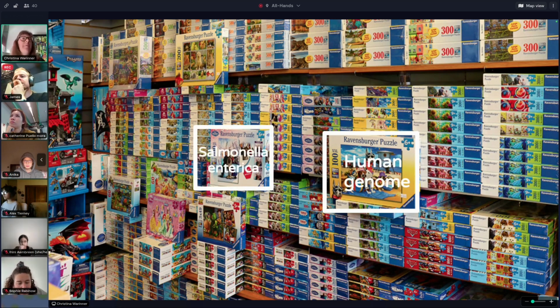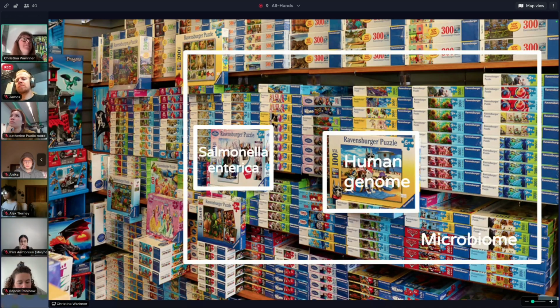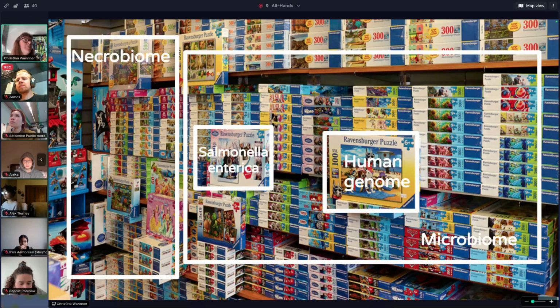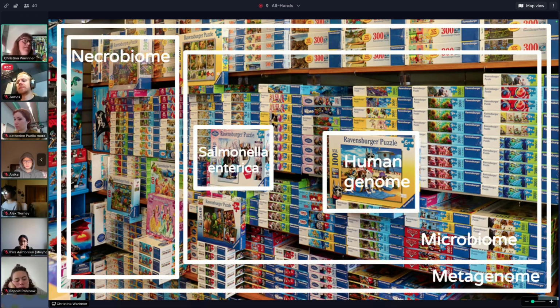It might have a Salmonella enterica genome from an infection that person had. It's embedded within the paleofeces itself, which contains the microbiome, the gut microbiome. And then you're going to have some additional DNA, which is the necrobiome that has invaded and is contributing to decomposition to some degree. And all of this is going to be your metagenome, all these things mixed together. So all these different puzzles.